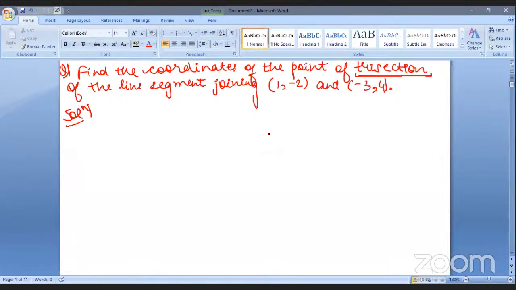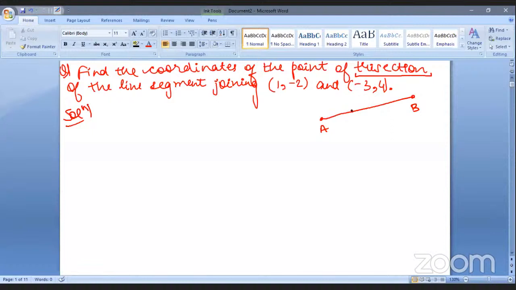Okay, so we need to use the midpoint formula. Now just make a diagram sort of it. This is AB, we know this. Now here we used to make only 1 point P, right?